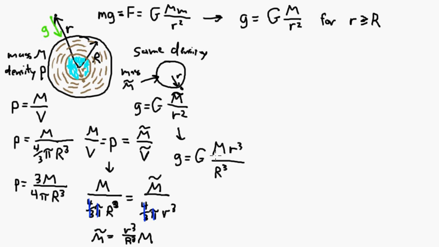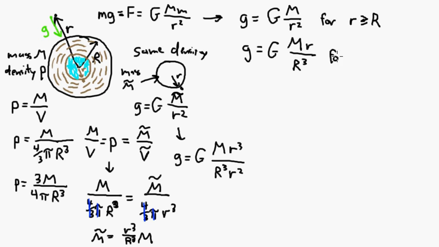So there you go, here's our answer. g equals big G, big M, and then you get some cancellation, so it's just little r over big R cubed. And that applies for r less than or equal to big R.